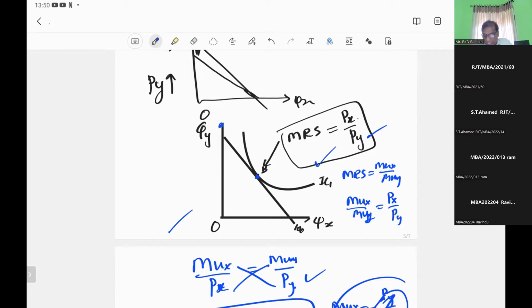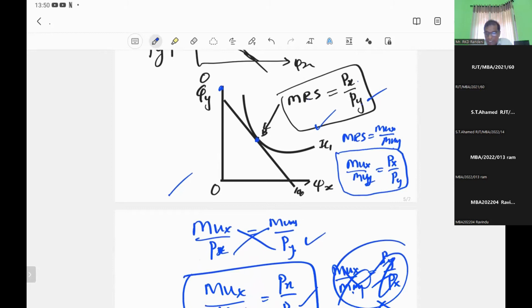Now MRS means MUX divided by MUY. So you can write the same condition like this. Because MRS means MUX over MUY, you can write this way. And you have to remember that in MUX divided by MUY, you can't change these two.